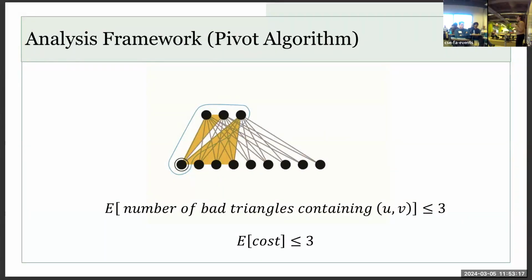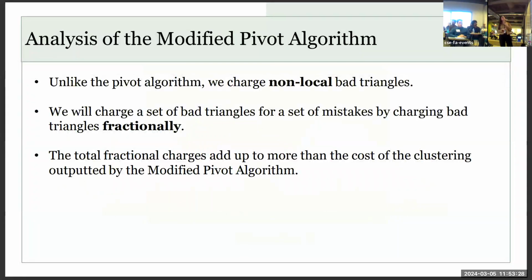But what we are going to do here is to charge a set of mistakes with a set of bad triangles, and do this fractionally. And to conclude the analysis, we just need to prove that the fractional charges that we have add up to be more than the cost of the clustering that the modified pivot outputs.